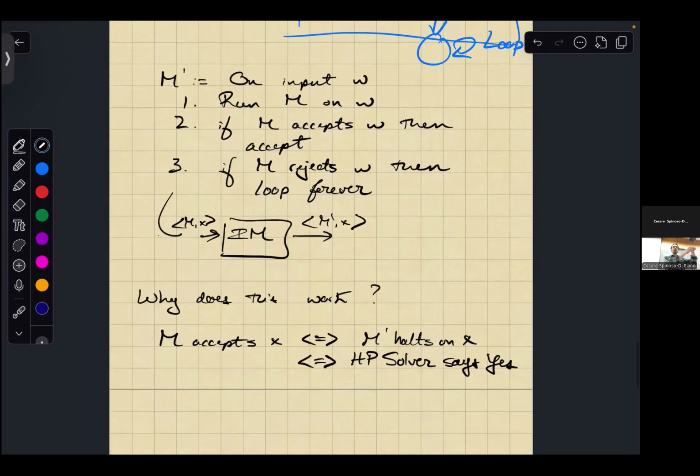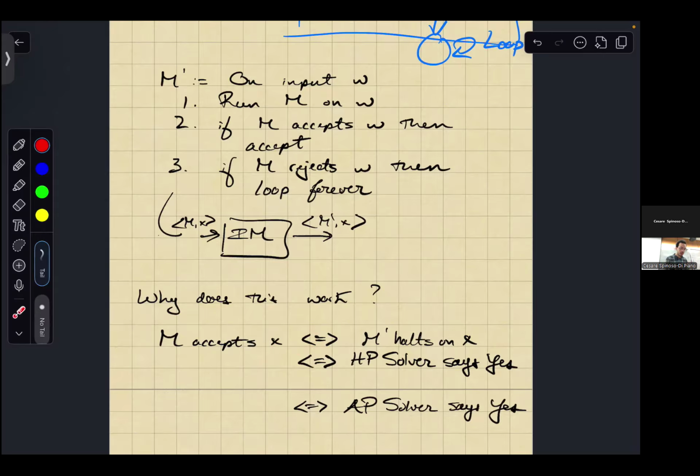And it's only going to say yes in that case. And that means that because the output of the HP solver is being used as the output of the AP solver, then that means that the AP solver says yes when and only when M accepts X, right? So therefore, that means that I have a correct AP solver, right?